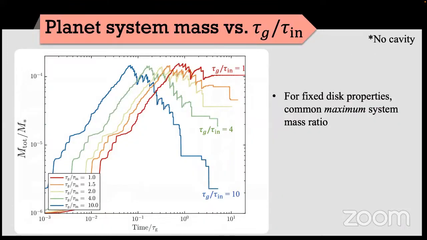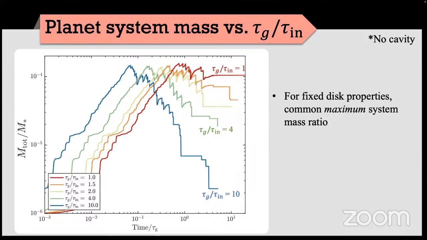So just looking at the no cavity cases, because it's a bit more continuous and simple, on the y-axis here you have the total planetary system mass normalized by the stellar mass as a function of time. And each color here represents different values of tau_g over tau_in, so how long the gas takes to dissipate compared to the infalling material.